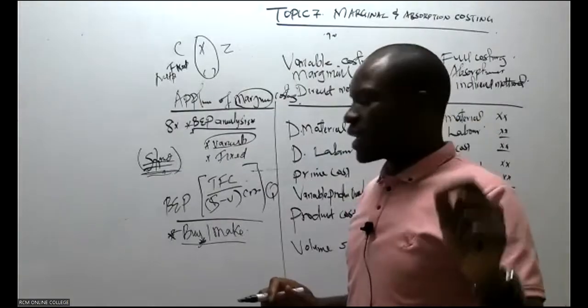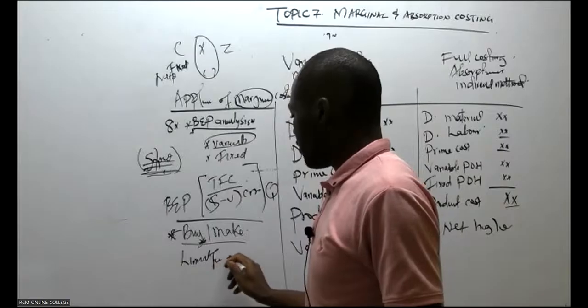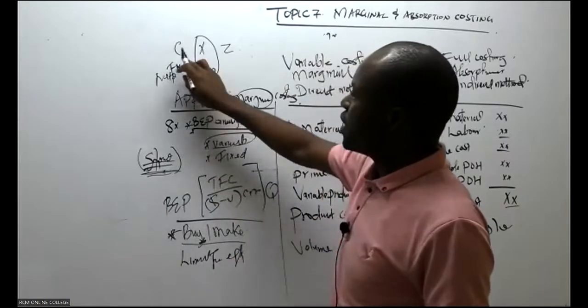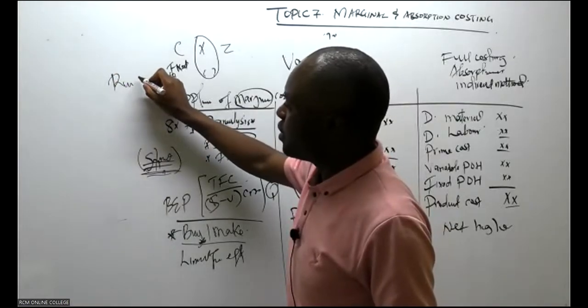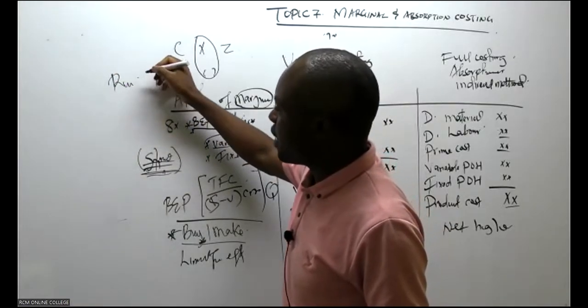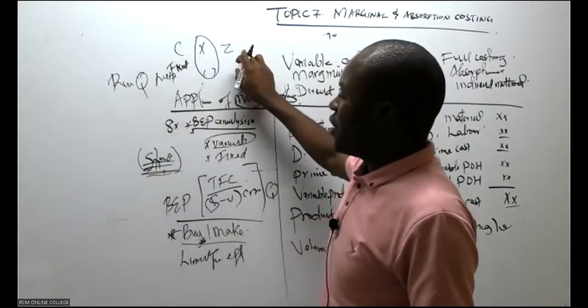The limiting factor effect. A company is producing these three products, but raw material Q, let's say, is being used to produce the three products.